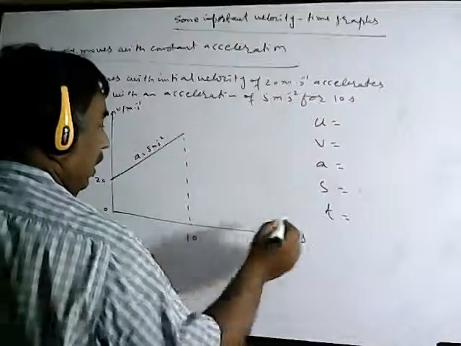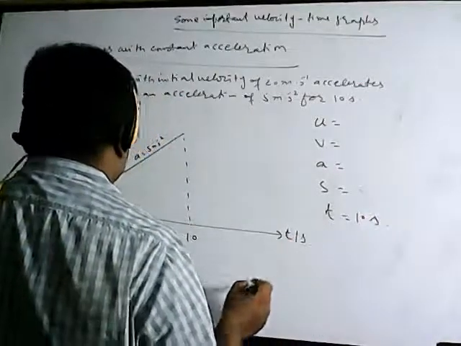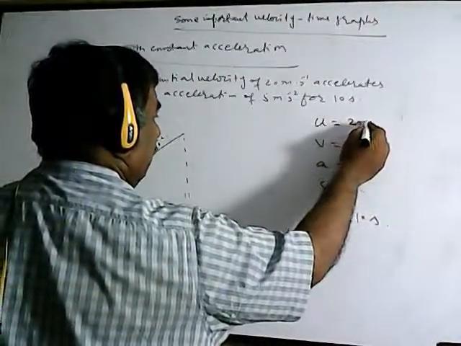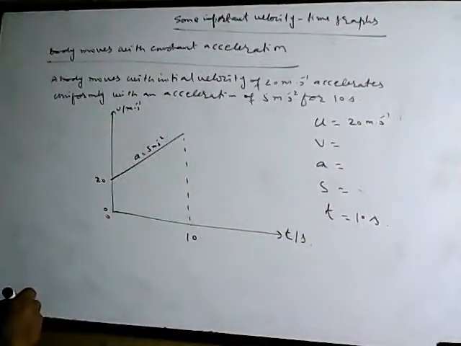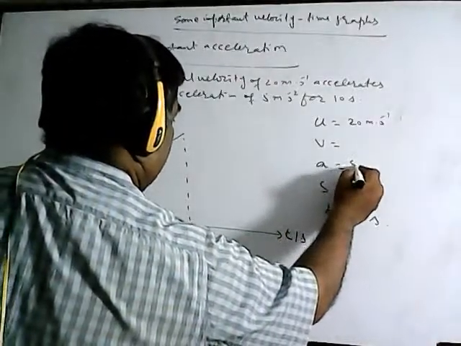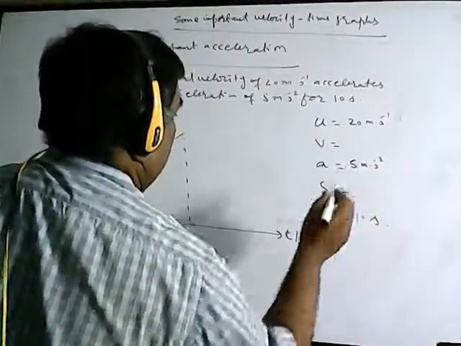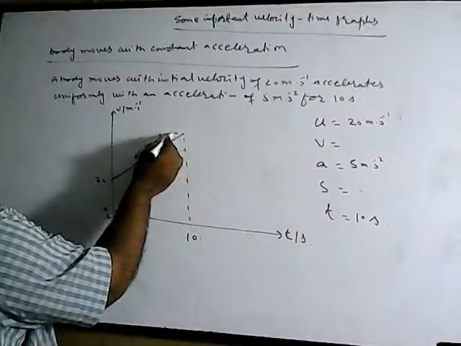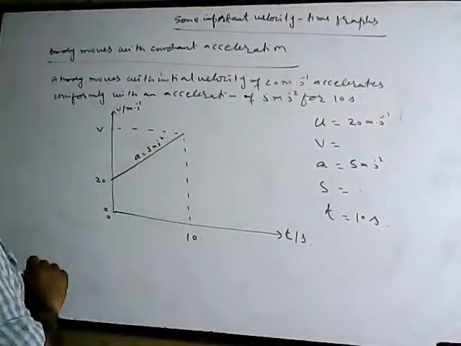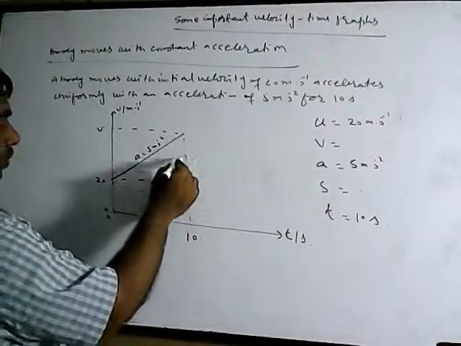This is 0, 0. Of course, t is given, 10 seconds. Initial velocity is given, 20 meters per second. We are not being given the final velocity. Acceleration is given, 5 meters per second square. So first I'll find this velocity v. I can calculate this length, only this one.